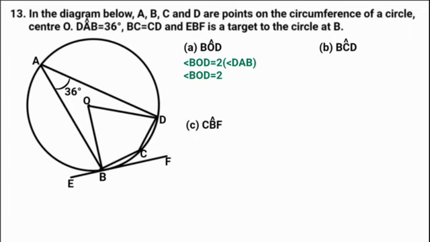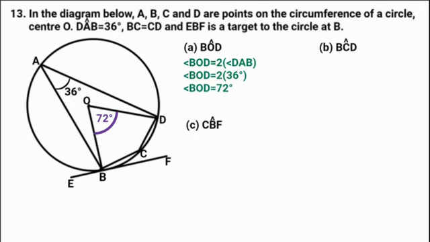The value of angle DAB is 36 degrees. So we're going to multiply 2 by 36 degrees. So angle BOD is equal to 2 times 36 degrees, which will give us 72 degrees. So the value of this angle here, the one I've put the arc on, is equal to 72 degrees. Okay, so that's the answer, 72 degrees.